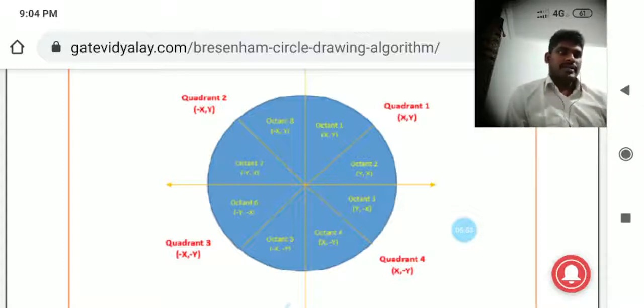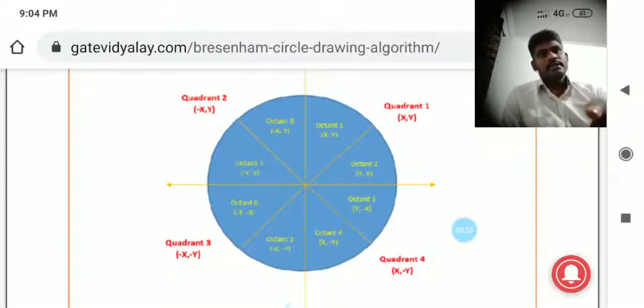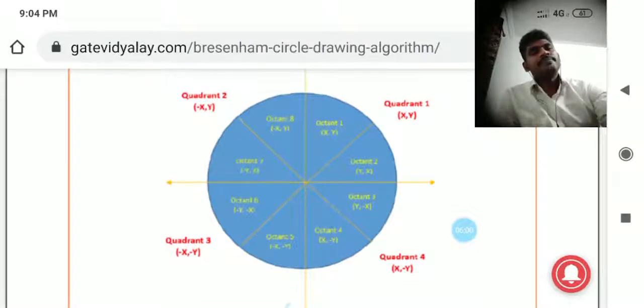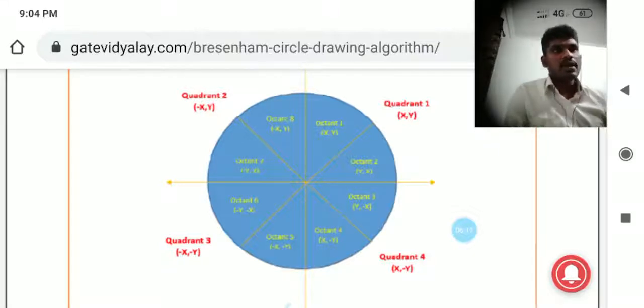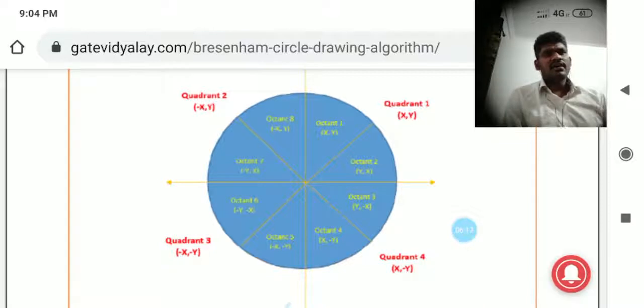Sir, why do we have to divide symmetrically? Because when you want to draw a circle on a monitor or screen, the computer doesn't know where it has to start as a human being would. The monitor is full of pixels.